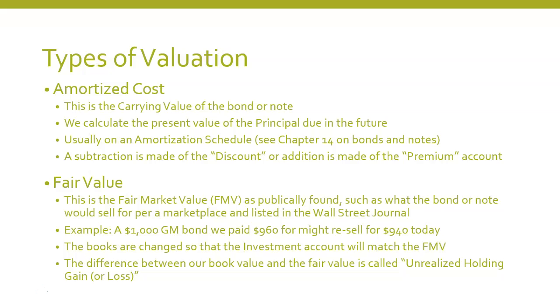So in the case of this GM example, we have an unrealized holding loss of $20, the difference between the $960 and the $940. If it was worth $970 today, instead of the $960 we paid for it, then we would have an unrealized holding gain of $10.